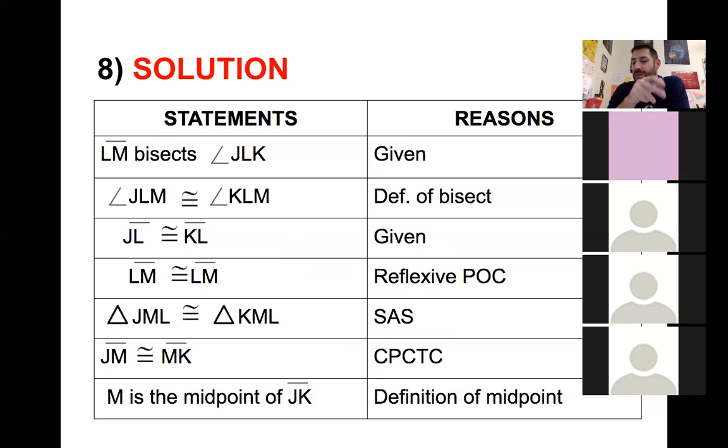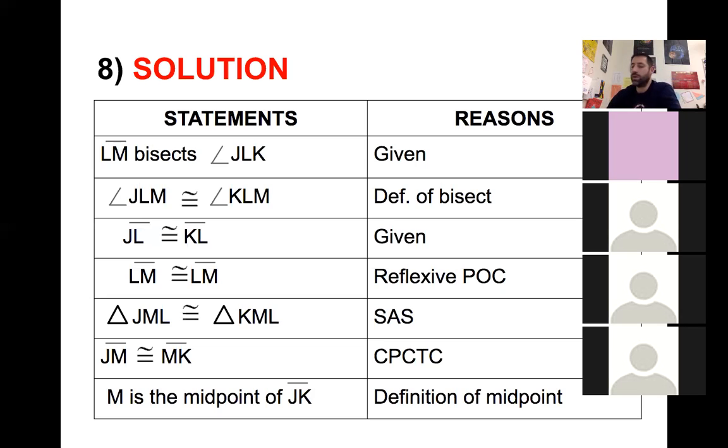And to get our last bit of information so we can prove the triangles are congruent, we need to identify the shared side that is congruent to itself. Side LM is congruent to side LM, and that is because of the reflexive property. That's enough information to use side angle side to prove triangle JML is congruent to triangle KML.